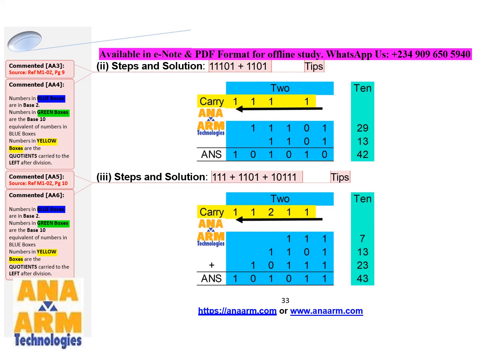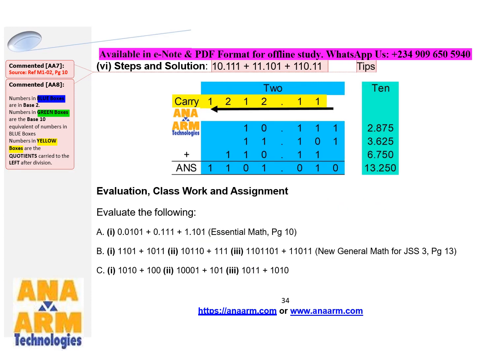Now let's move to the last example. It's a bit complicated or scary, but don't get scared anyway. It's still almost the same procedure. Start from your far right and continue to your left.